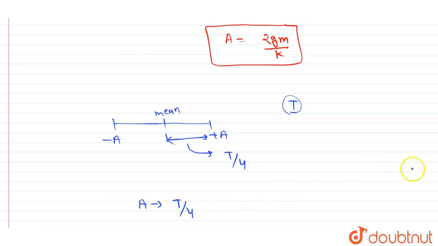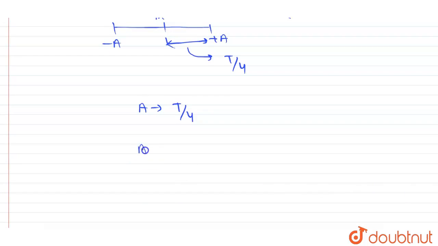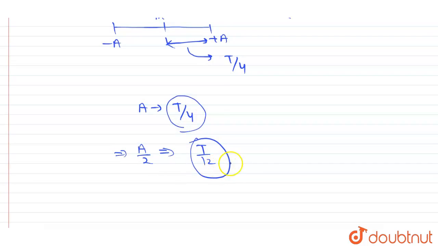According to SHM, for half of the amplitude distance, the particle will take T by 12 time. When the amplitude is A, it is T by 4; when it is A by 2, it is T by 12 for the covered distance. So we have the times T by 4 and T by 12.